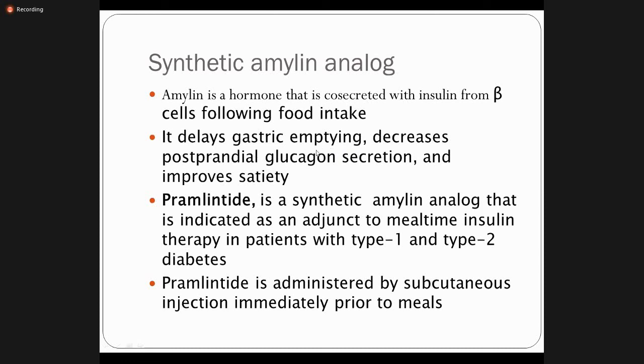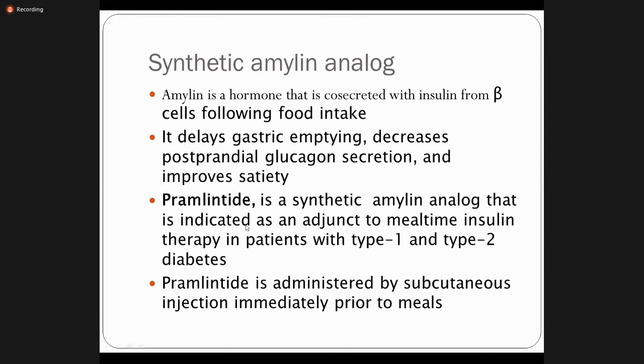Because it will give a feeling of fullness of the stomach, so the patient is not going to take a meal again and again, so we can avoid the rise of blood glucose level, right? So when it delays gastric emptying, the patient always feels full, right? So it decreases postprandial glucagon secretion and improves satiety, right?